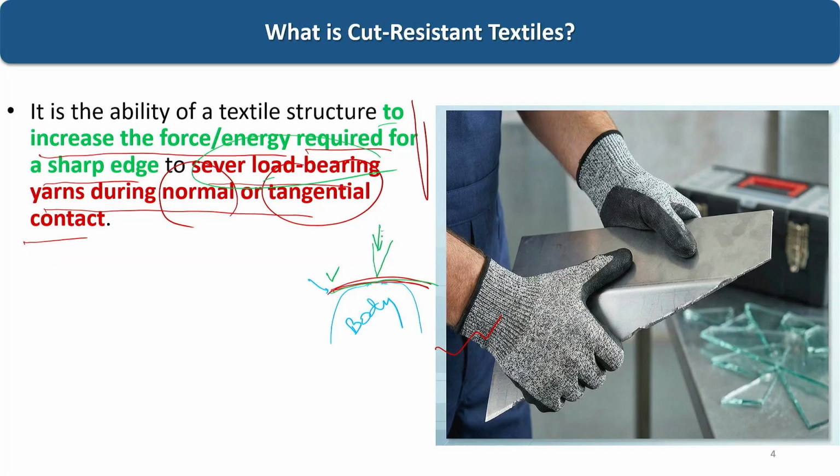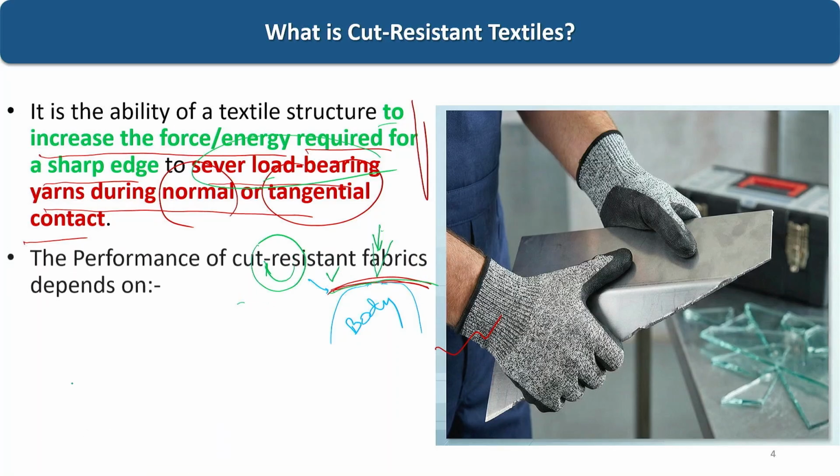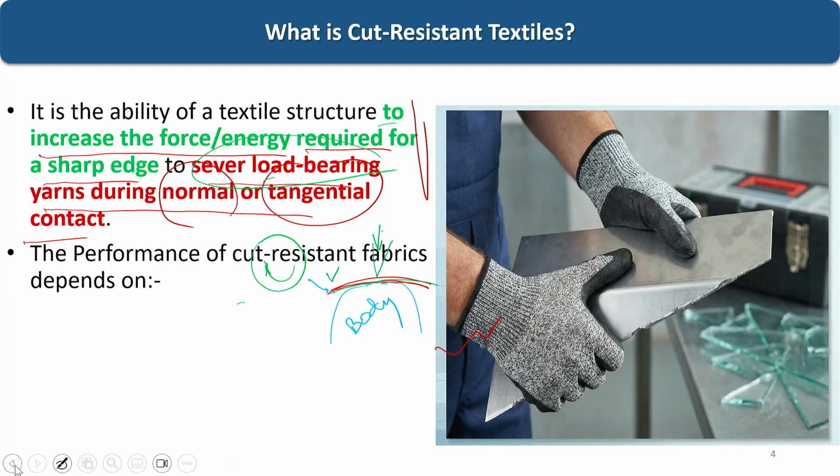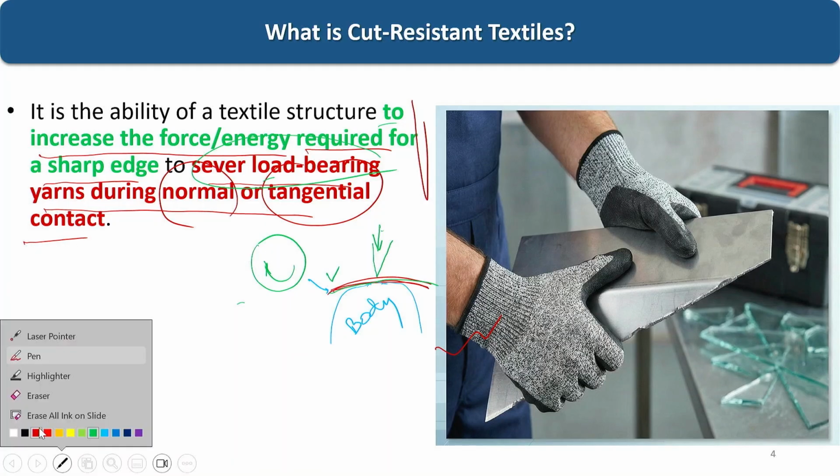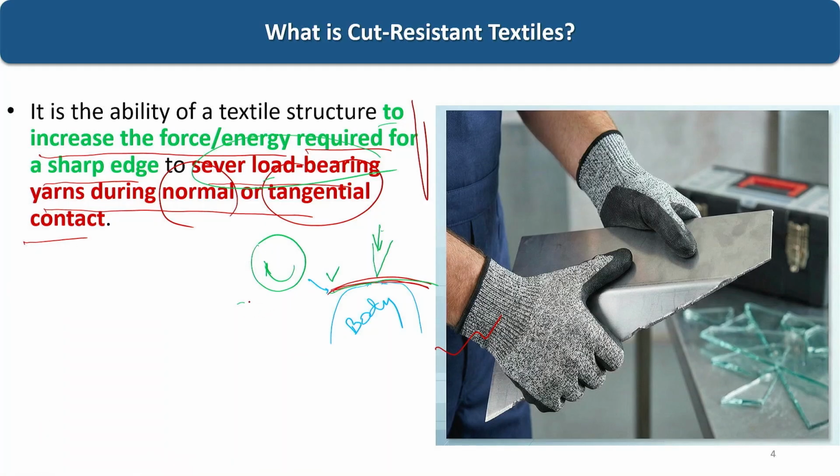There may be normal contact, or suppose this is a blade which is rotating, and here is the surface, and the contact here will be tangential contact.